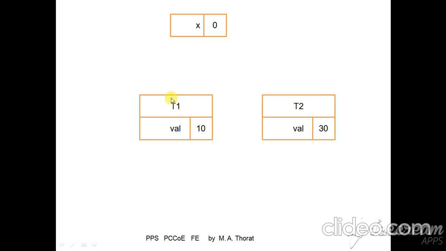So if two objects are created, two copies of object variables are created separately for each object. But though we have created two objects, only one copy of the class variable is created, and it is accessed by all the objects, because we can access it simply by writing the class name.